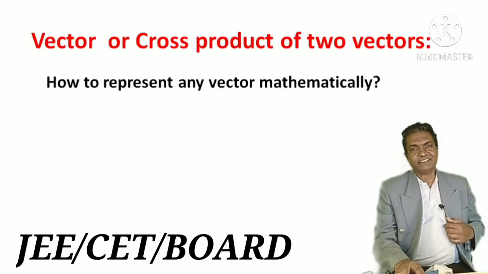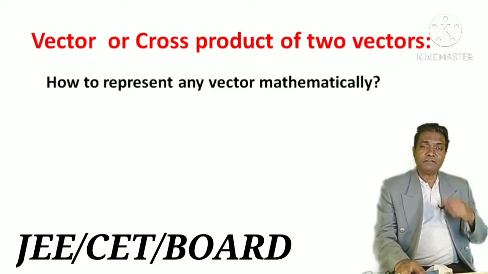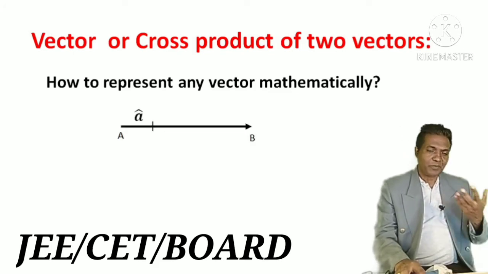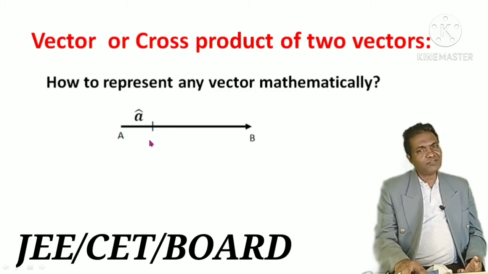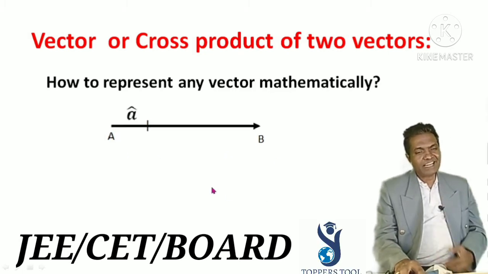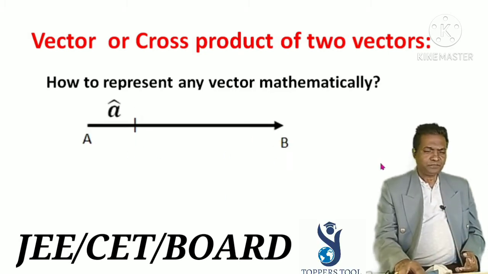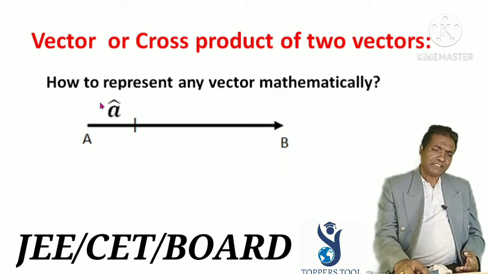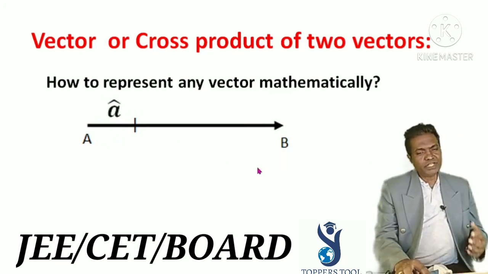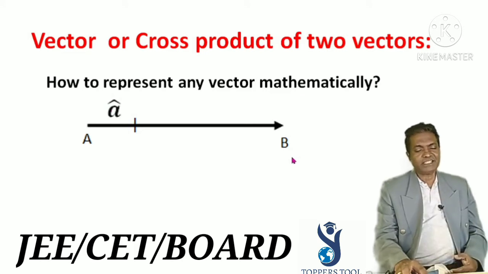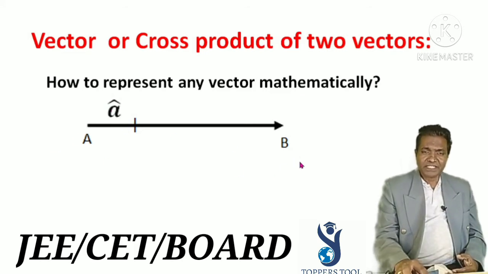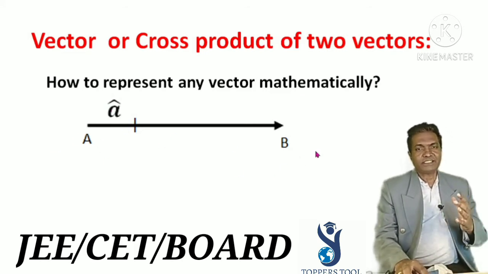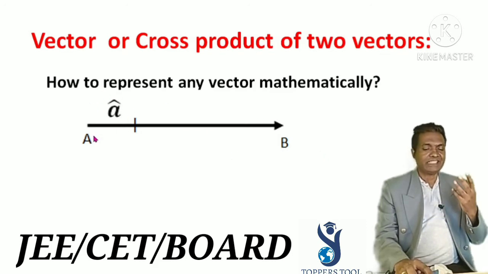In the beginning, I told you how a vector can be represented geometrically, that is in the form of a directed line segment. Whereas this a cap stands for the unit vector in the direction of vector AB. So this vector AB will have a certain magnitude and a particular direction, that is a cap.